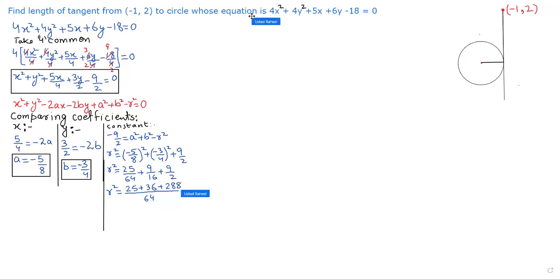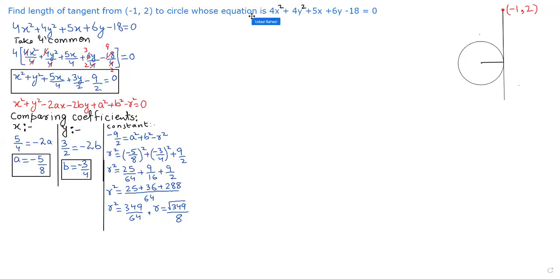So r square is coming 349 over 64. I have to take the value of r only, so when I take the root, it becomes root 349 over 8, and that is the radius.